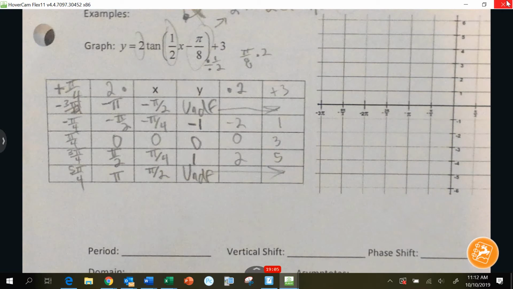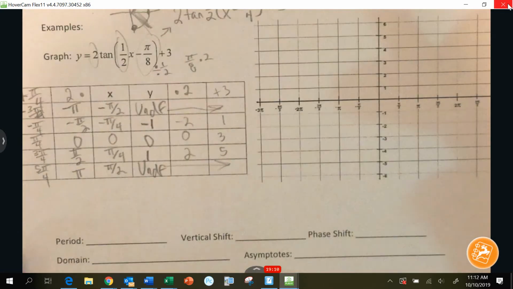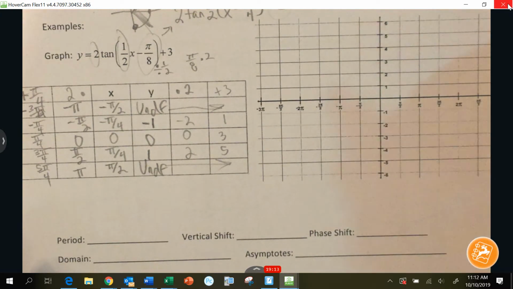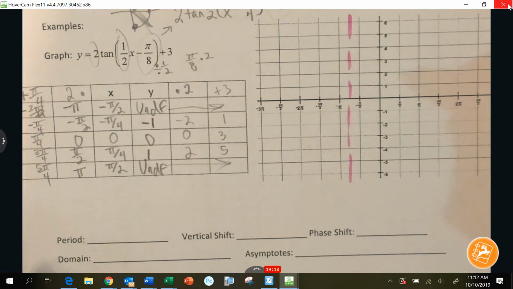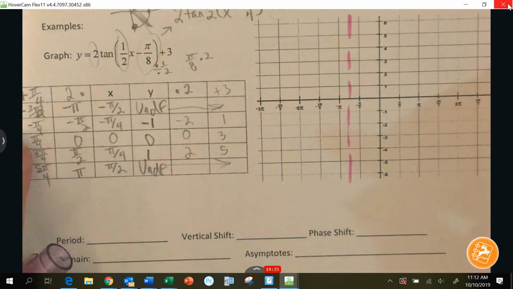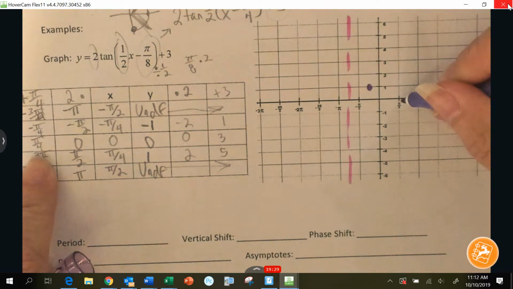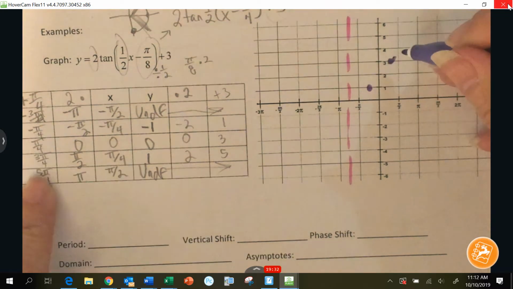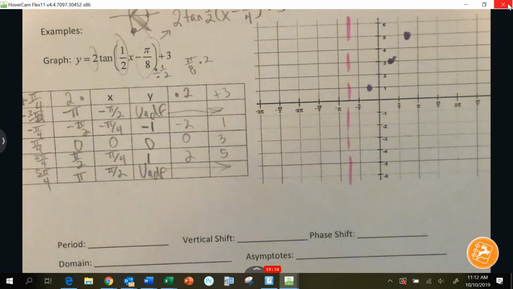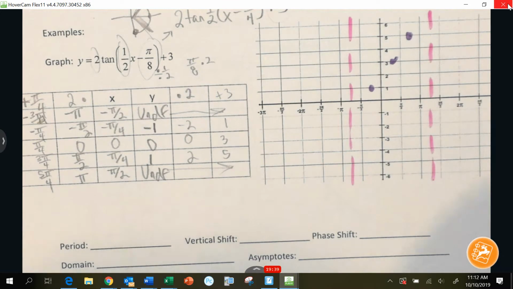So I'm going to put asymptotes at negative 3 pi over 4 and 5 pi over 4. So if you're not sure, these are all evenly spaced, so I could go find negative pi over 4, 1, pi over 4, 3, 3 pi over 4, 5, and then from there I could figure out, oh, this must be 5 pi over 4 here. They are all evenly spaced.